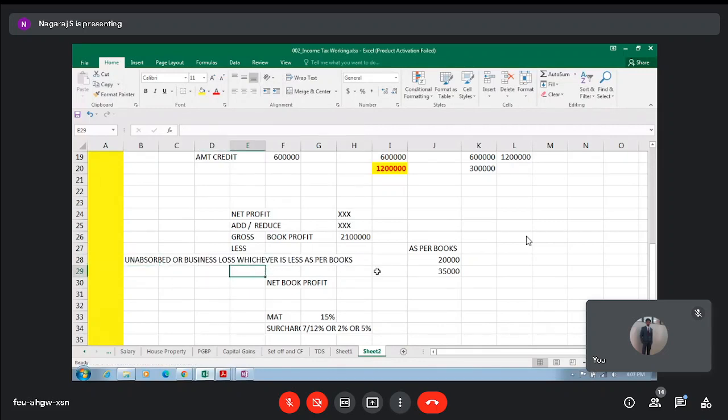Now tell me which one I should deduct. Depreciation, 20,000. Only unabsorbed depreciation we need to deduct. Out of this you deduct 20,000. The balance is your book profit.